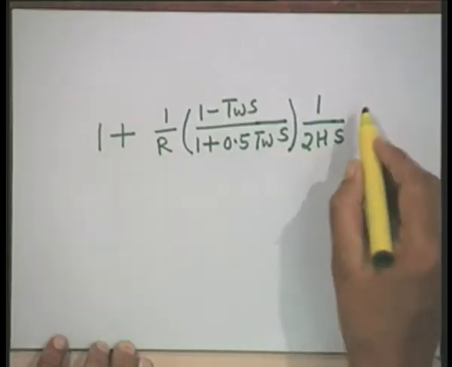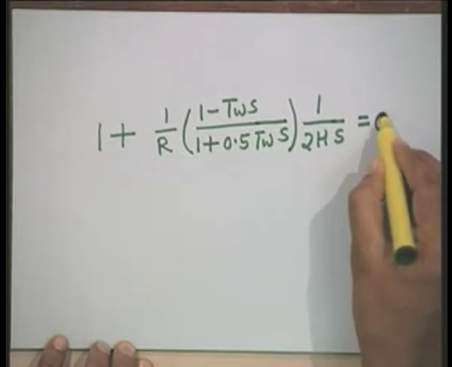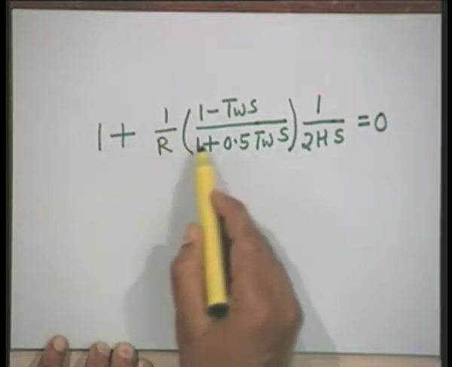The characteristic equation is 1 plus GH, which is the standard formula, and it comes out like this.